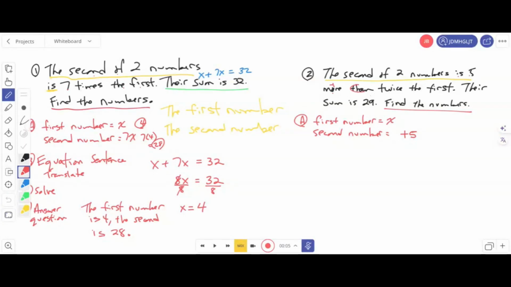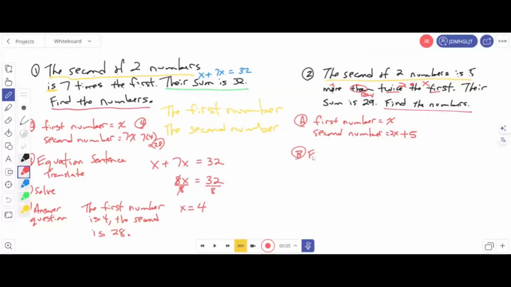More is plus, than is reverse word. So the 5 goes on the right side of the plus sign, twice the first, 2 times the first. So the first number is x, the second number is 2x plus 5.